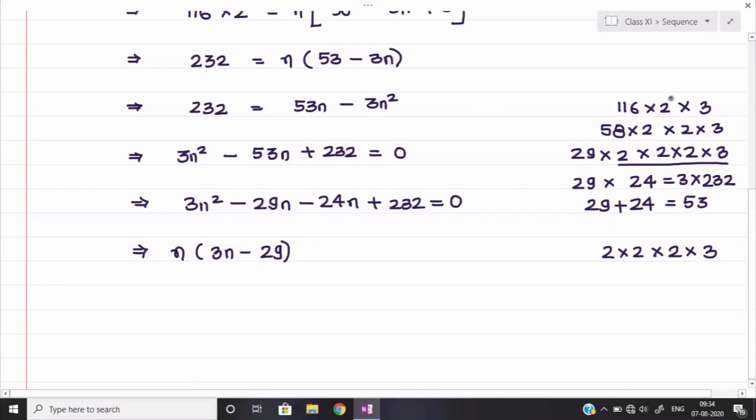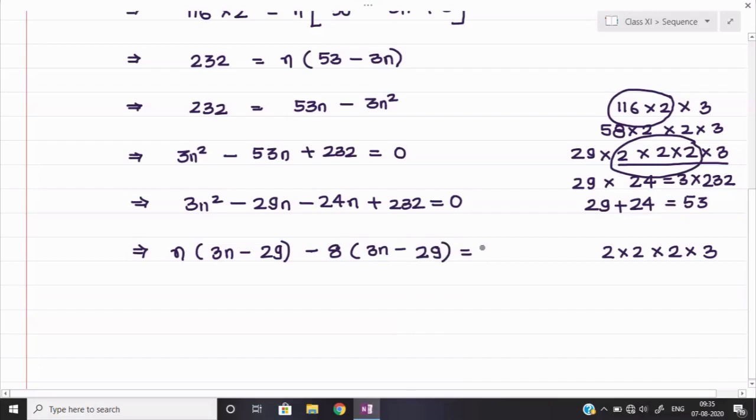This will be 116 into 2, this is 232. So three 2's are common. These three 2's we can take, so 8 will be common. If I take 8 common, the remaining is here 3n minus, we can check it, 8 2's are 16, remaining is 7, 8 9's are 72.